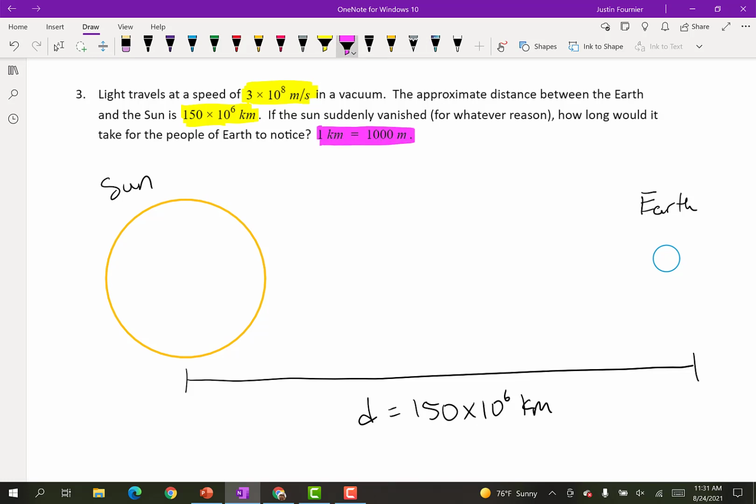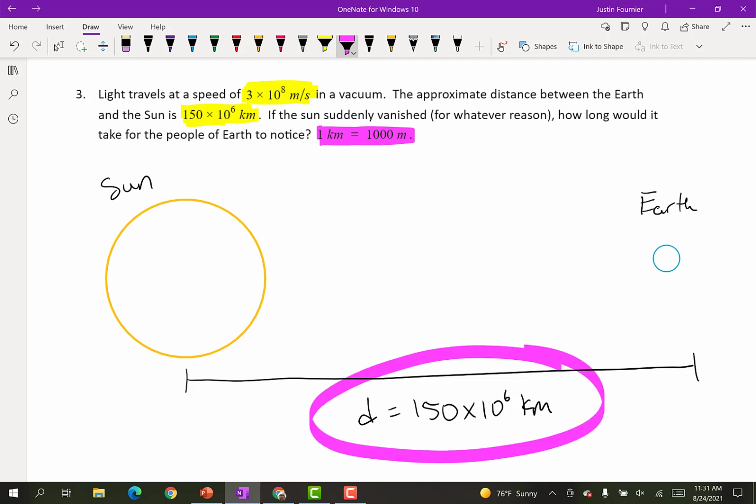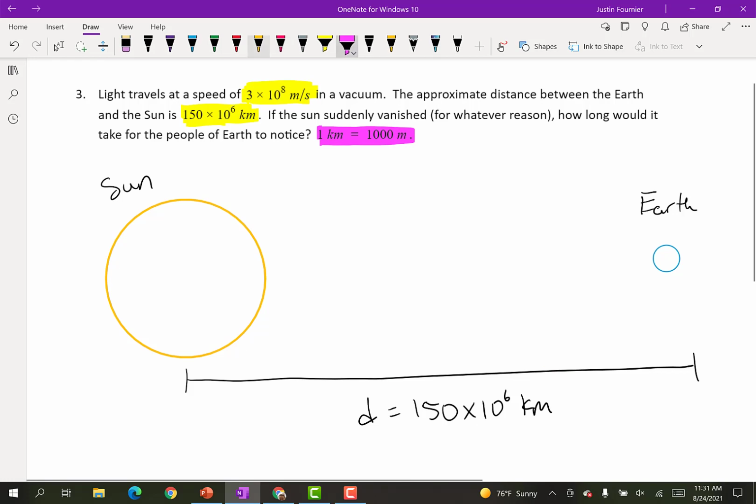So what I did is I drew a diagram. I got the sun on the left, the Earth on the right, and I also wrote down the distance between them. Let's say that there's like a ball, a photon, or just a chunk of light. What they're saying is how fast that chunk of light moves through space is 3 times 10 to the 8 meters per second.